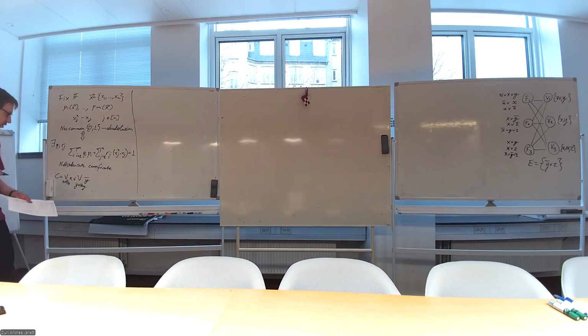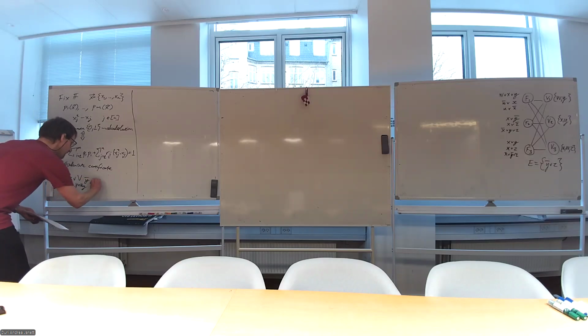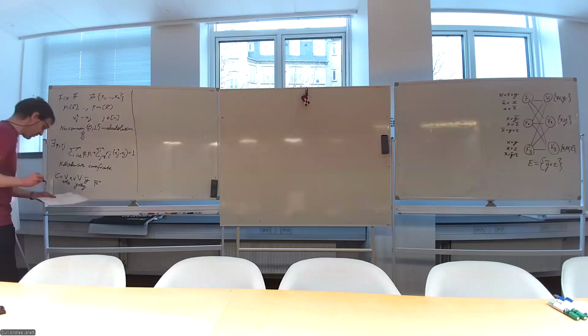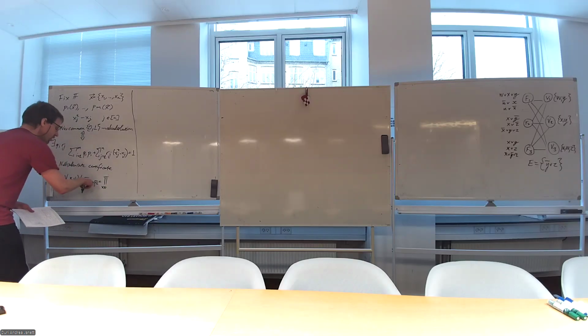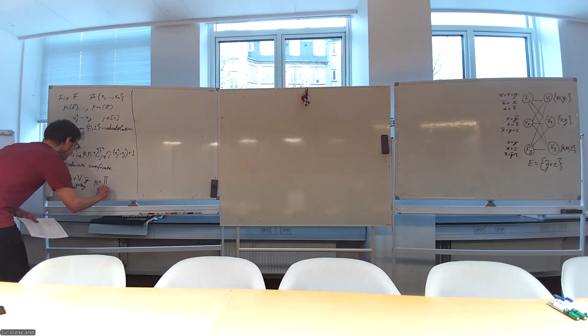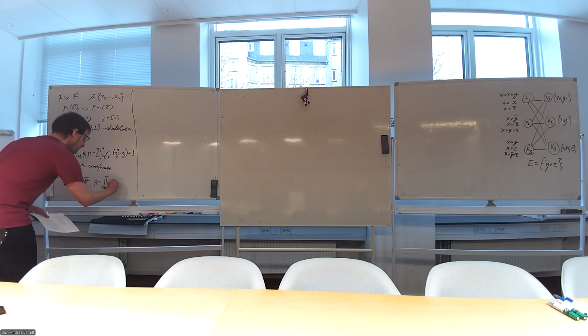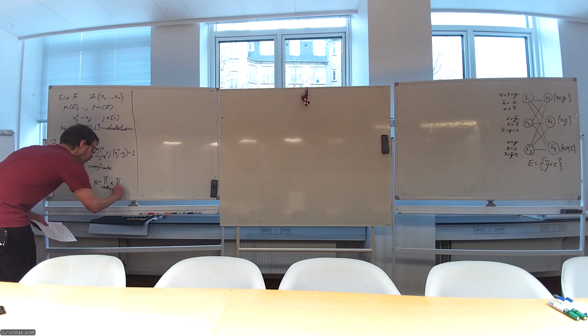I have to write this as a polynomial. And now I'm going to be slightly inconsistent with what I did in the first lecture, I think. I'm going to write the polynomial p representing the clause c as just taking the product of all the positive literals. And then for all the negative literals, I'm going to take 1 minus the variable.